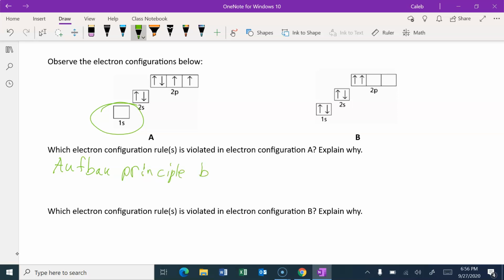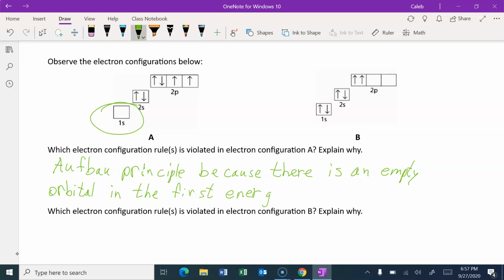And the reason is because there is an empty orbital in the first energy level. Or you could more easily say the 1s orbital is empty.